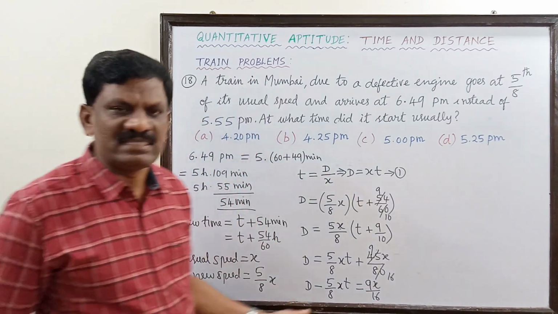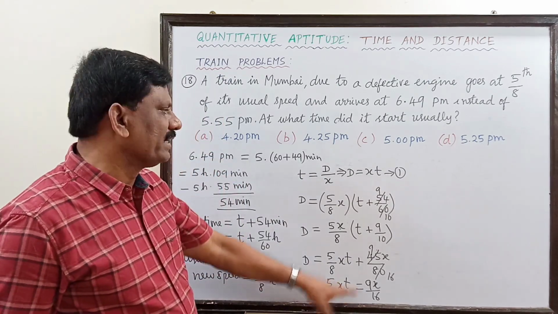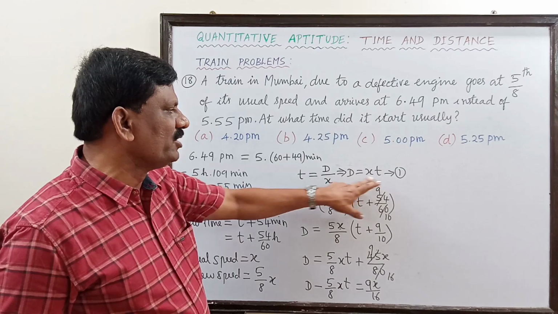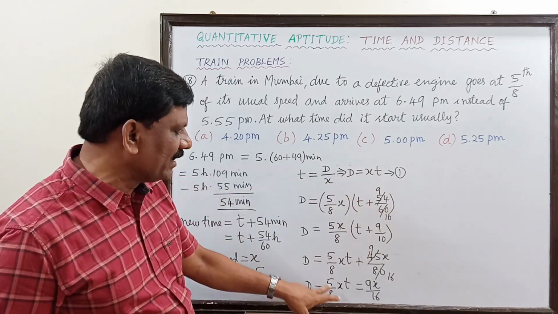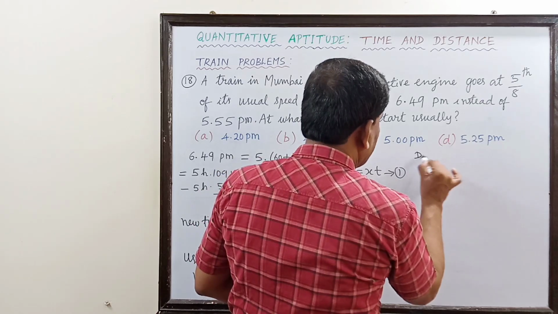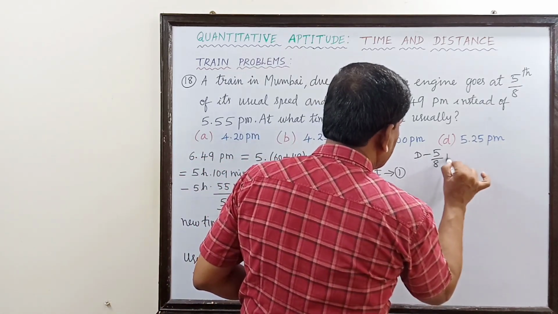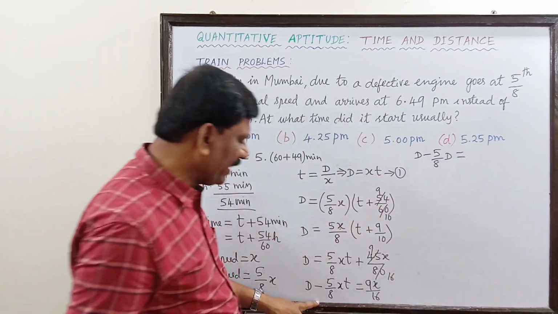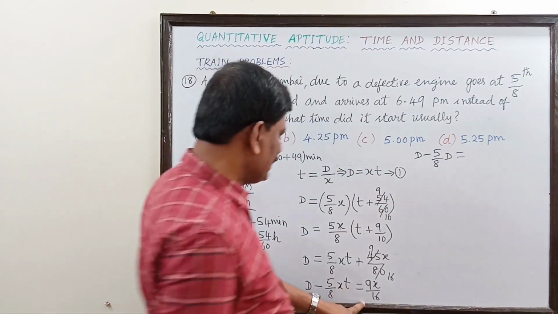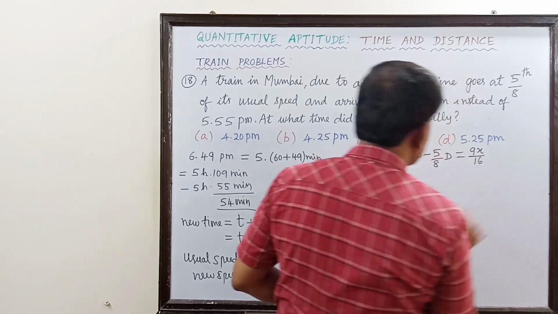Now 5 by 8 into x into t is there, and instead of x into t, we can substitute d. So I can write d minus 5 by 8 into d, which is equal to the right hand side, 9x divided by 16.